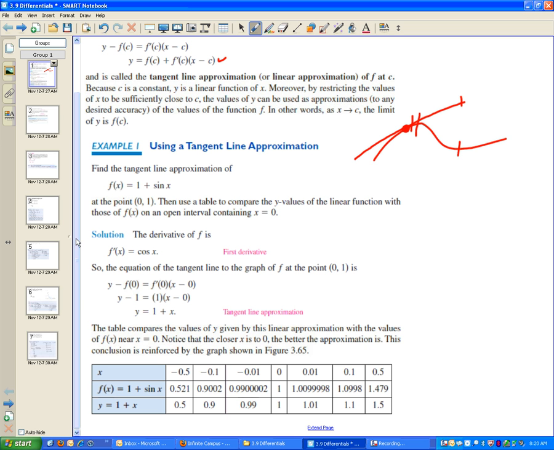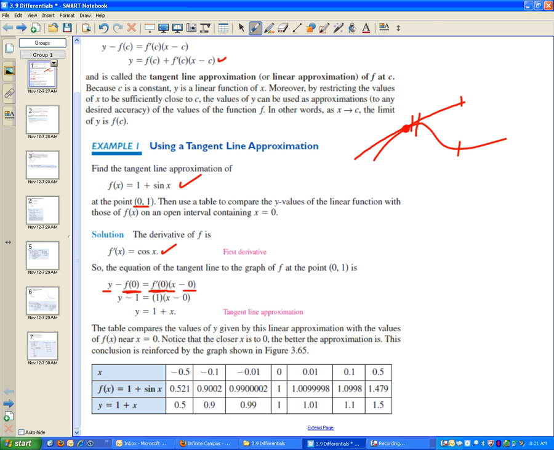So look at the example they have here. It says find the tangent line approximation of that at that point. All right? Take the derivative and then fill it into our equation. That's y minus, and then y1 is whatever f of 0 is, because 0 is our c, equals m, the derivative at 0, times x minus x1.